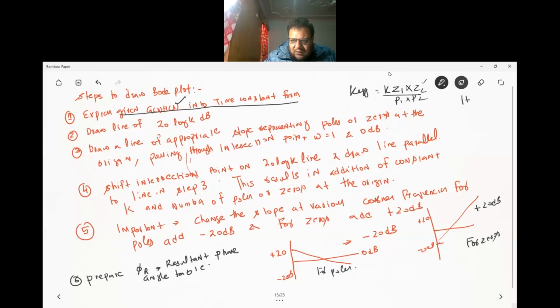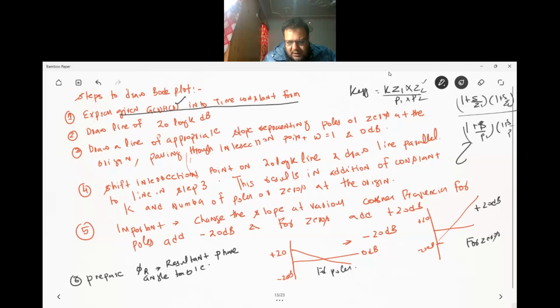Then you have 1 plus s by z1, 1 plus s by z2, and similarly 1 plus s by p1, 1 plus s by p2. This 1 by p1 is Ta, and 1 by p2 is Tb. Now draw a line of 20 log K.